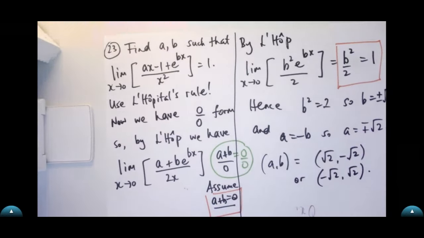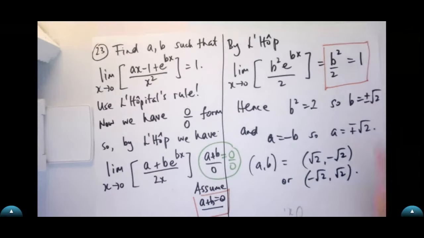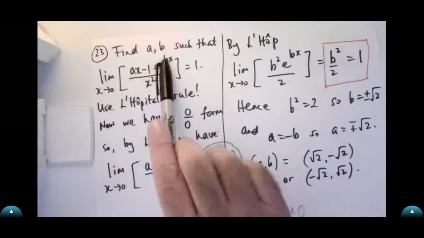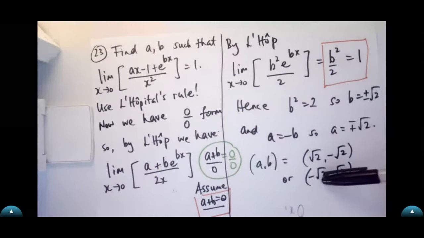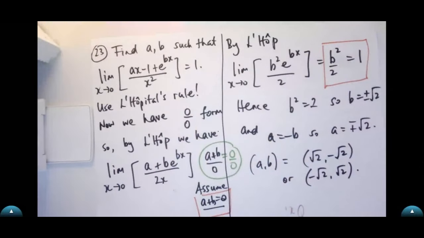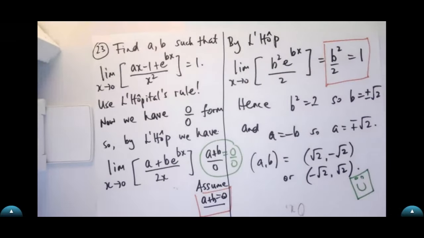I've just switched these signs around to be consistent with what we've got here. If a is root 2 and b is negative root 2, then this limit will be 1. If a is negative root 2 and b is root 2, this limit will also be 1. So we are super happy. We love it.